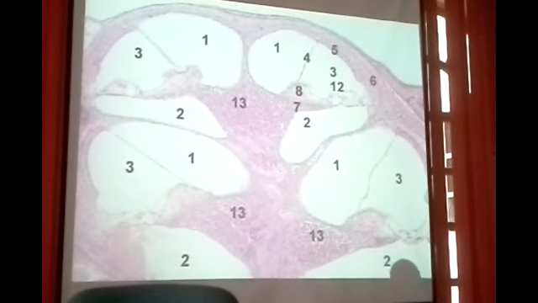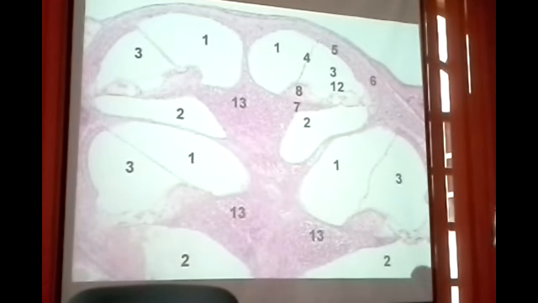Malleus, incus, and stapes. Which of them is attached to the primary tympanic membrane? Malleus. Which of them closes the oval window? The foot of the stapes.